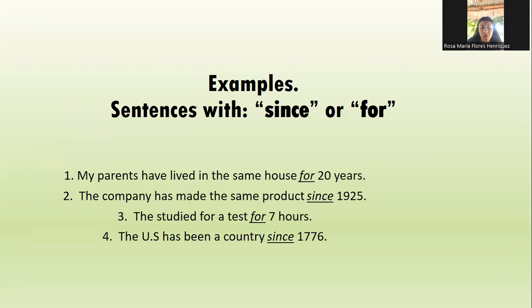The example number two says the company has made the same product since 1925. The example number three says I study for a test for 7 hours. The example number four says the US has been a country since 1776. That's all.